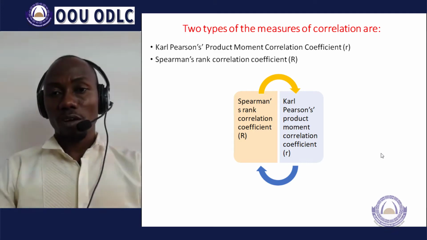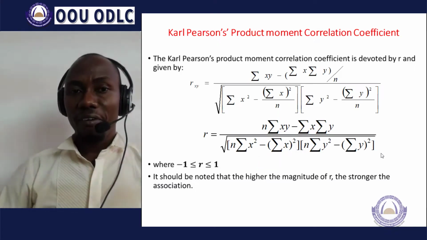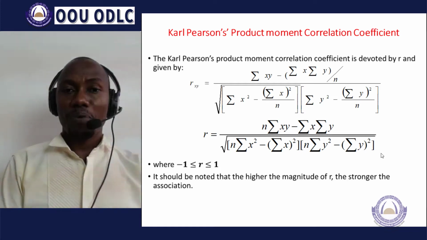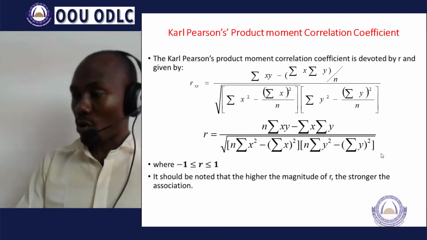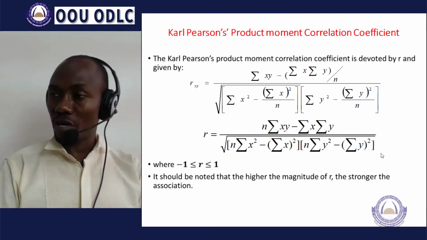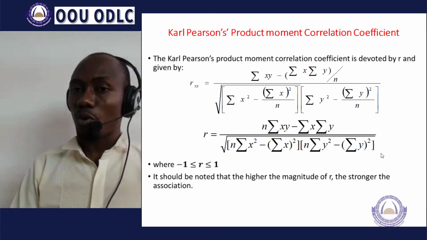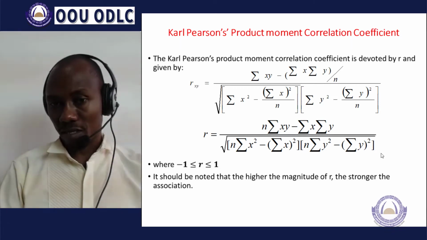We shall pick these methods one after the other. First, let's look at Pearson's product moment correlation coefficient.